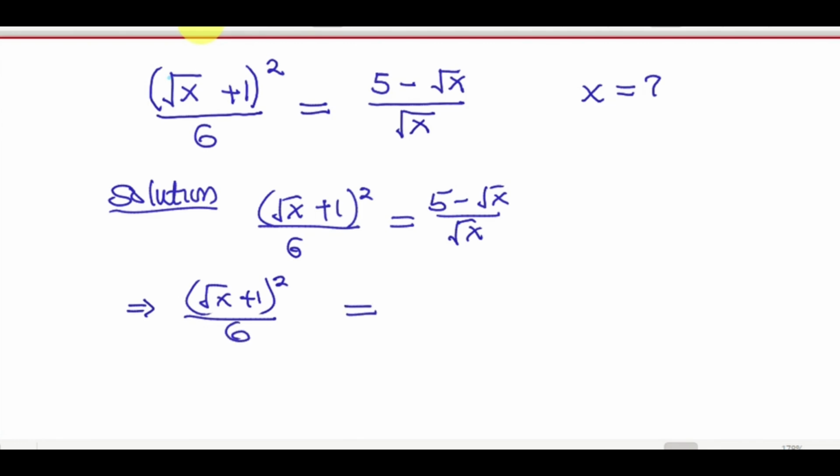Now let's focus on this side. Here we have 5 minus root x. If I add 1 here and minus 1 here, it's clear that I've not changed anything from the top.